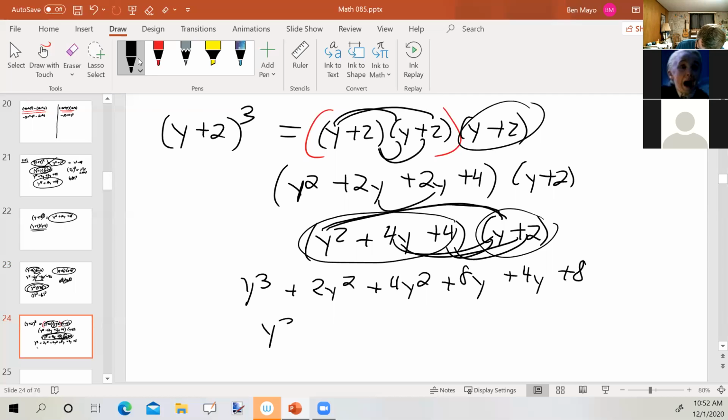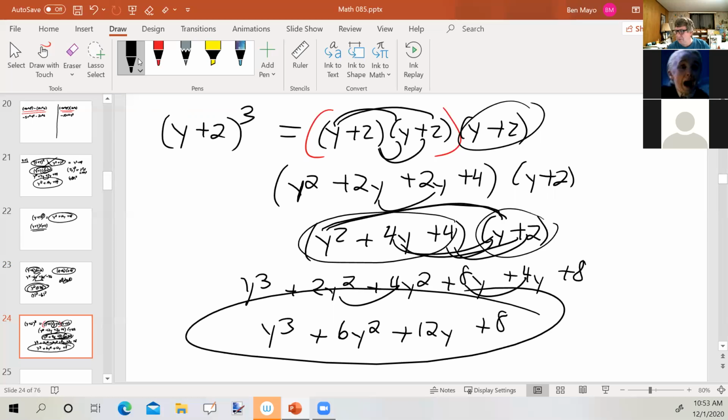Combining like terms, y cubed plus 6y squared plus 12y plus 8. So there's your final answer in descending powers or standard form. So this would be a polynomial of degree 3. The leading coefficient would be an implied 1.